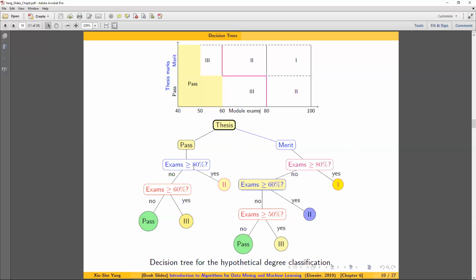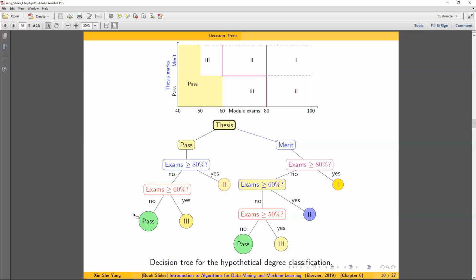If it's not larger than or equal to 80, let's check whether it is larger than or equal to 60. If yes, then that would be third class. If it's less than 60, then it's a pass.